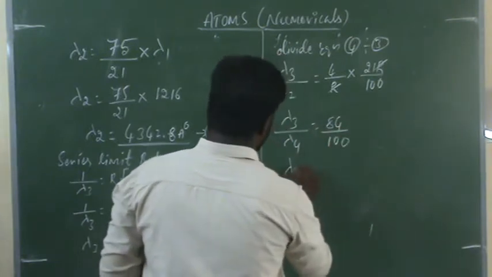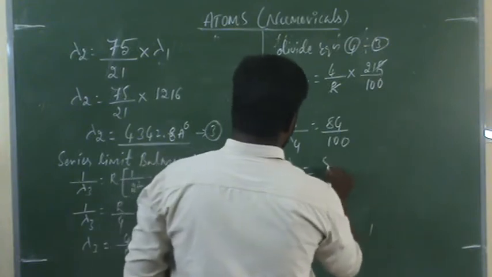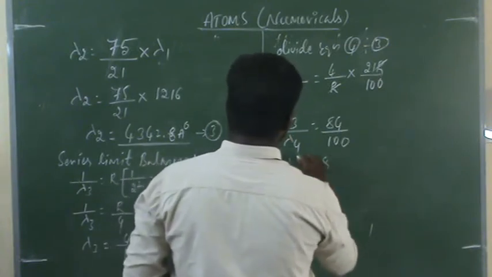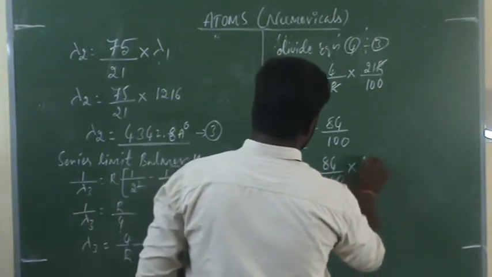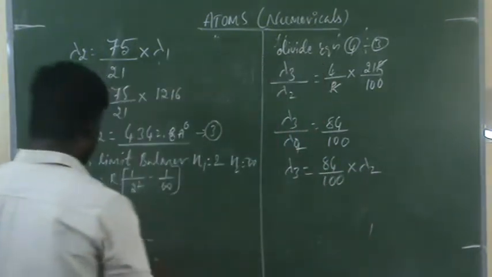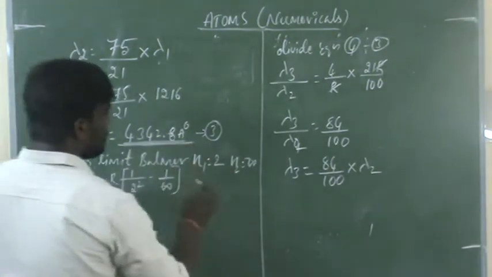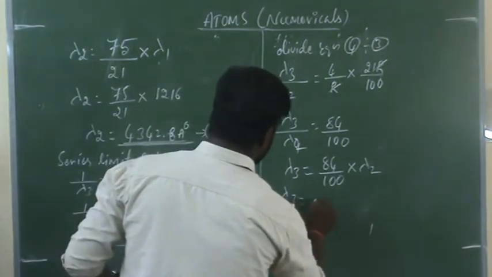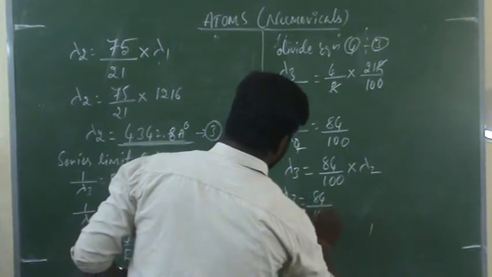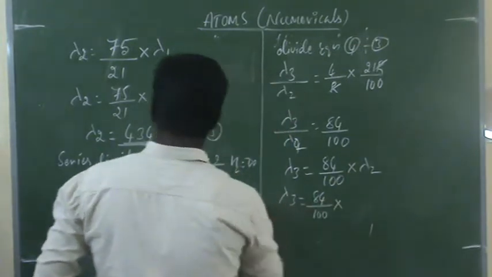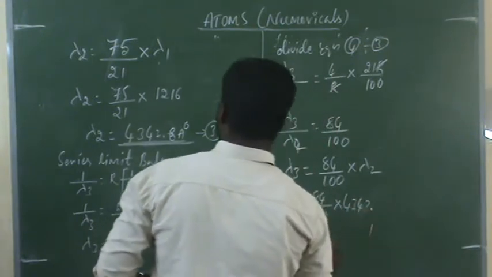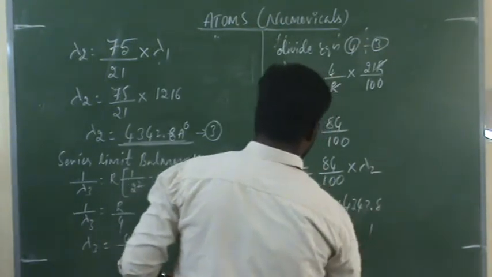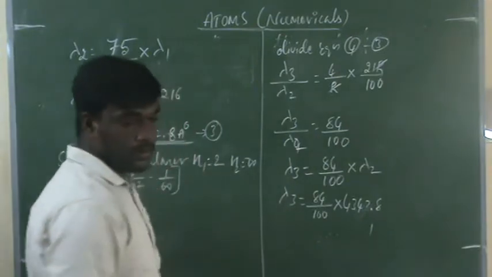So lambda 3 equals 84 divided by 100 into lambda 2. Already we got the value of lambda 2. Substitute that value. Lambda 3 is equal to 84 divided by 100 into 4342.8 angstrom. So what is that value?